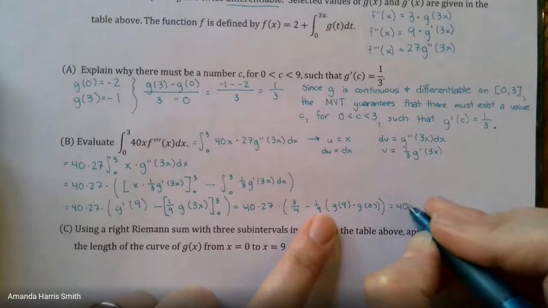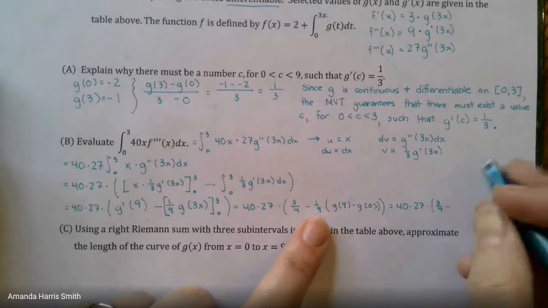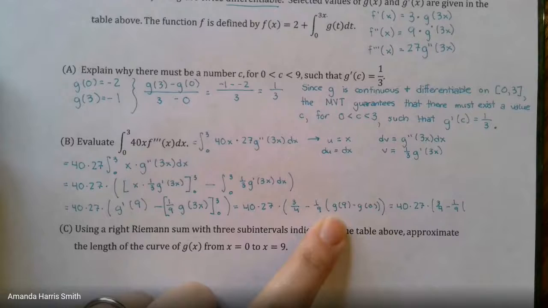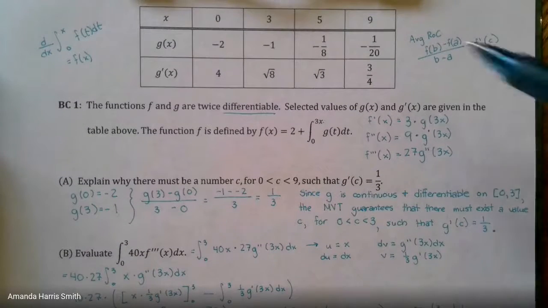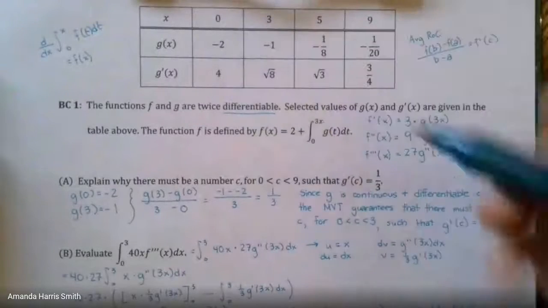So 40 times 27 times 3/4 minus 1/9 times g of 9. Quick jump to the table. g of 9 is negative 1/20, minus g of 0, which is negative 2.